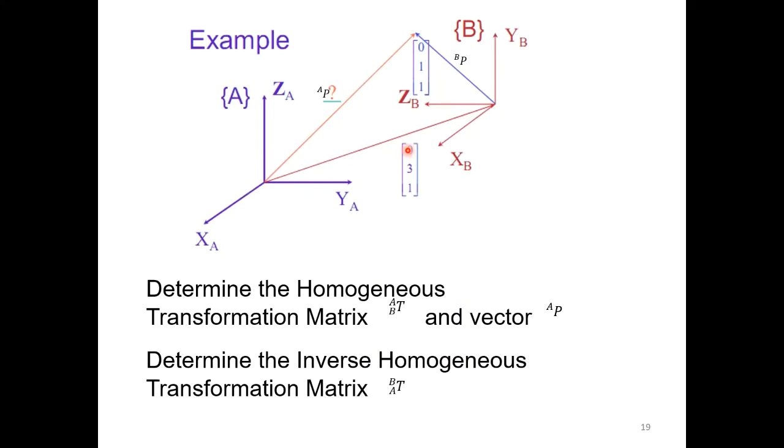Then you can see this point here with respect to frame B, and the coordinates here are 0, 1, 1. Again, the x coordinate is 0. So both these points are on the YZ plane because the x coordinates are 0.